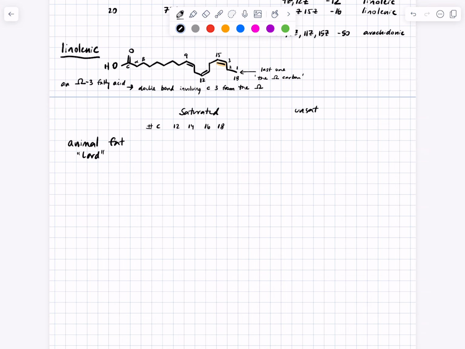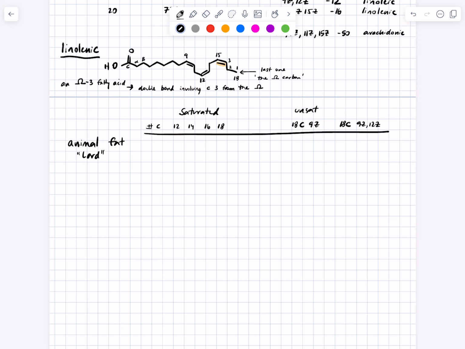We'll talk about the 18 carbon 9Z composition versus the 18 carbon linoleic, which is 9Z, 12Z, composition of these various fatty acids.